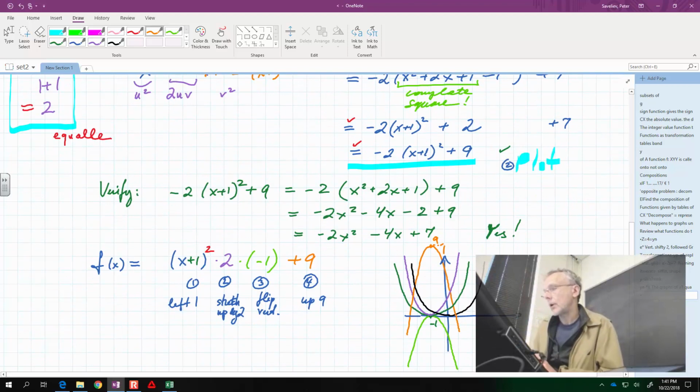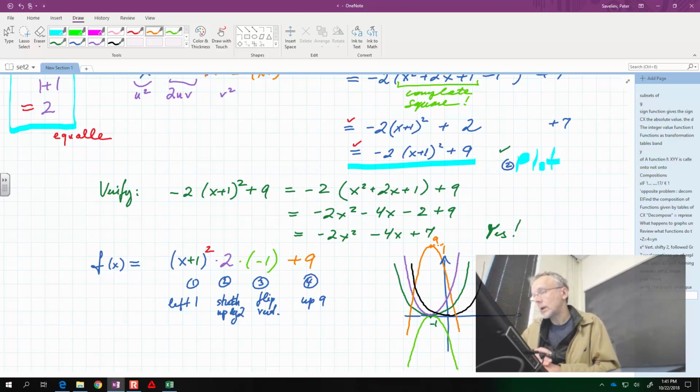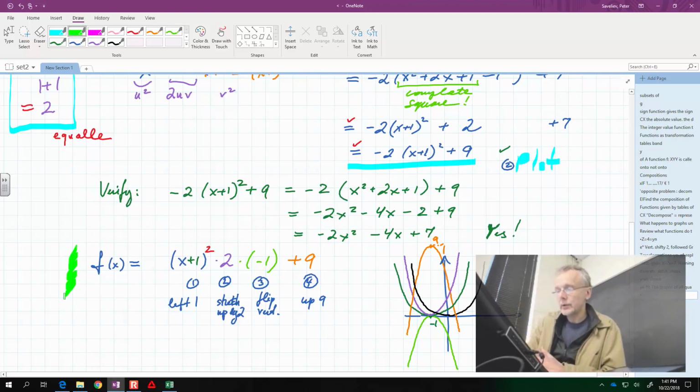It takes a certain algebraic skill to transform a function into the next. But once you do, at the bottom you right away have a sequence of instructions of what to do to the xy plane.